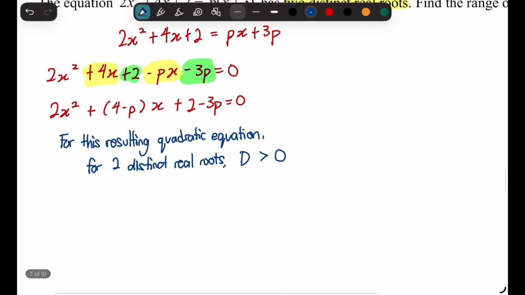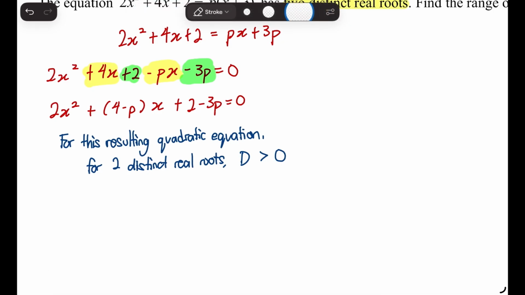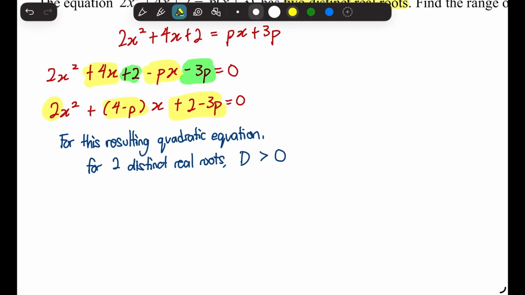Okay, so over here I know discriminant is b squared minus 4ac. To find the discriminant, we must first identify our a, b, c correctly. So if I look at my terms, a is the coefficient of x squared, which is 2. b is the coefficient of x, which is 4 minus p, and c is the last constant term added to this quadratic expression. So over here, I write down very clearly, a equals to 2, b equals to 4 minus p, and c is equal to 2 minus 3p.